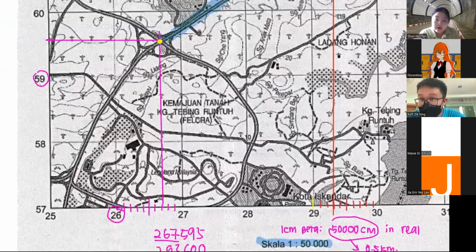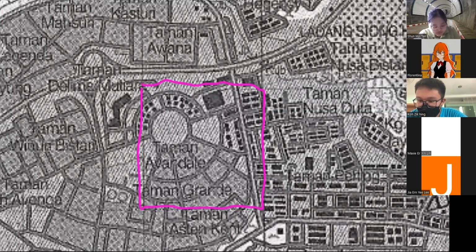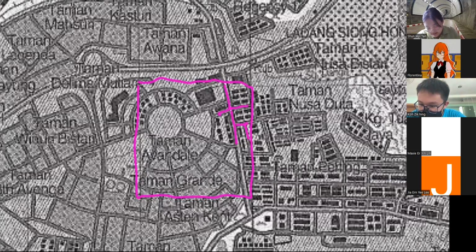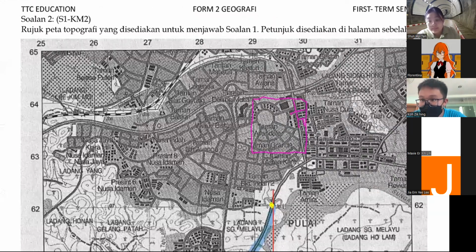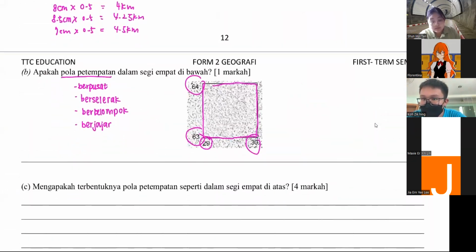The house arrangement, the petempatan arrangement, you see, all of them gather at the junction. So what is this? When all of them gather in a junction, we will call it pola petempatan berpusat. Okay, pola petempatan berpusat.